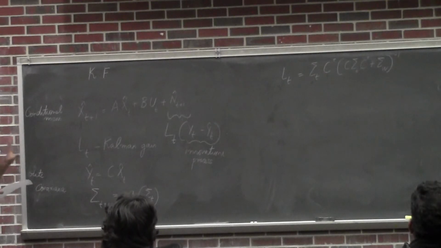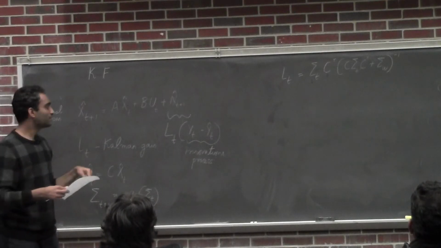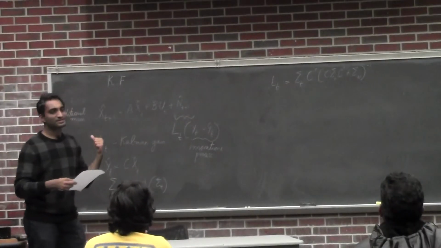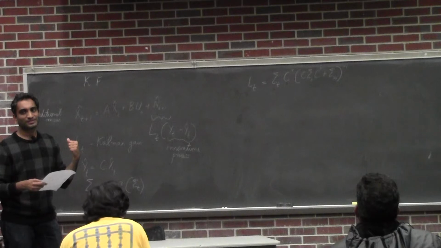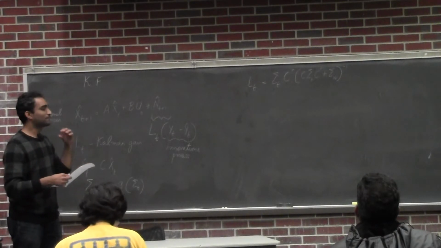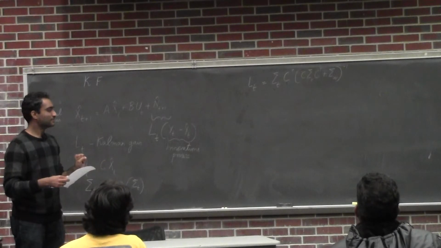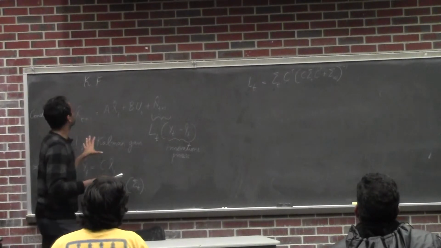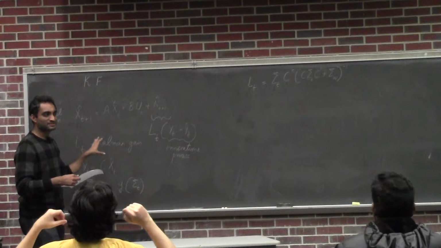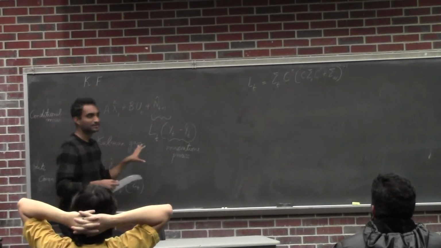So what remains to be seen is, now that you have the best state estimate, how do you get the best policy? In the previous case, the fully observed case, we saw that you had a nice closed form expression for the optimal policy in terms of the state, right? Now you have a partially observed system, and not a fully observed system.